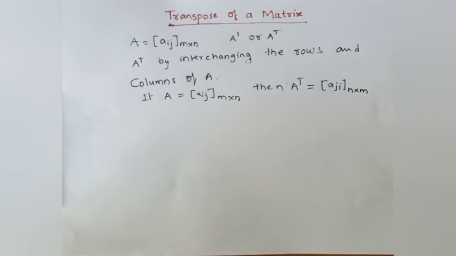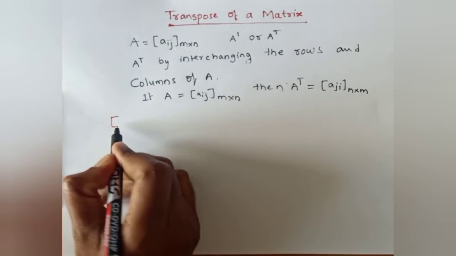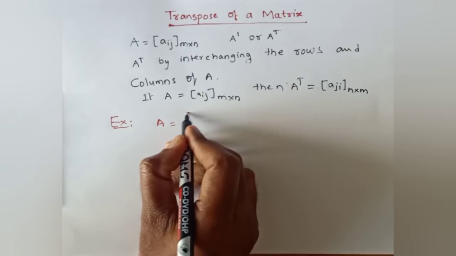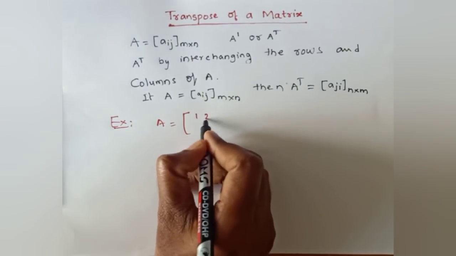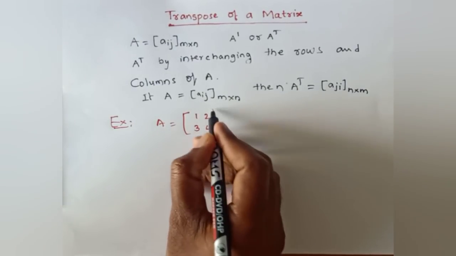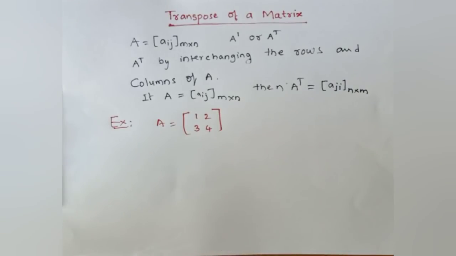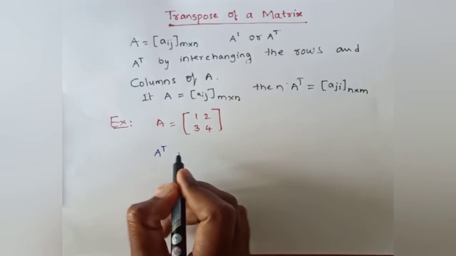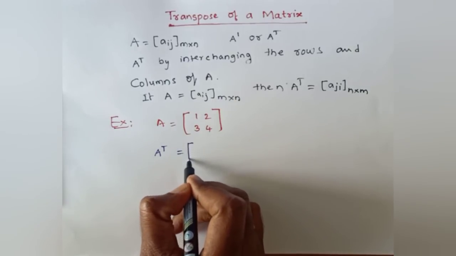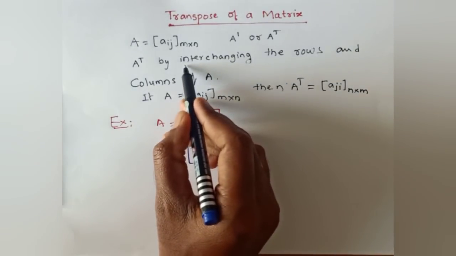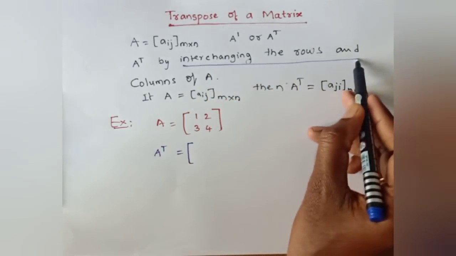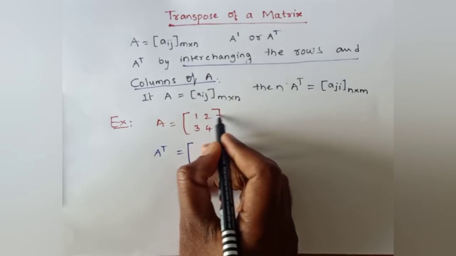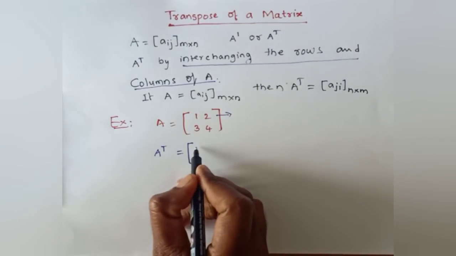For example, here A is equal to [1 2; 3 4]. Then the transpose of this matrix A is, as the definition itself says, interchanging the rows and columns of A. See, here I am changing this row into a column.